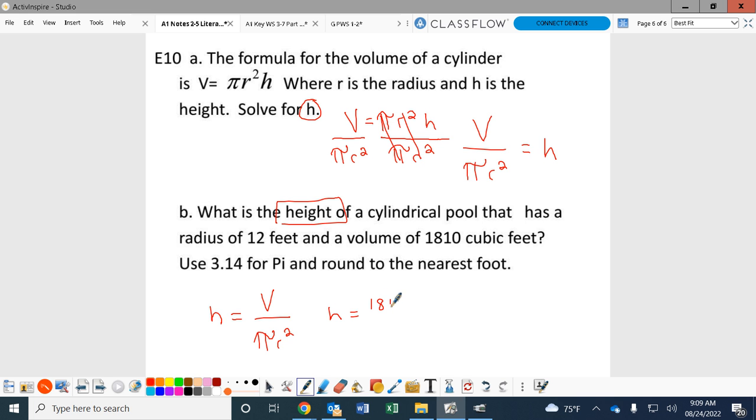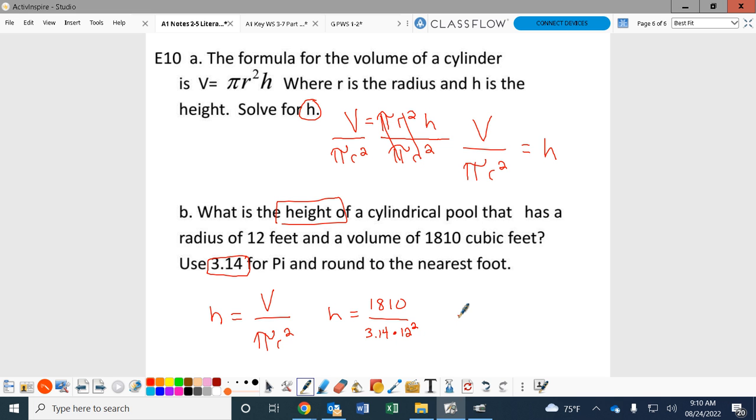Everybody says it different. 1810, however you say it. It's the right number. On the bottom, pi is going to stay 3.14 because that's what they tell you to use for pi. So we're going to put 3.14. And what is the radius? 12. So it's going to be 12, and it is squared.